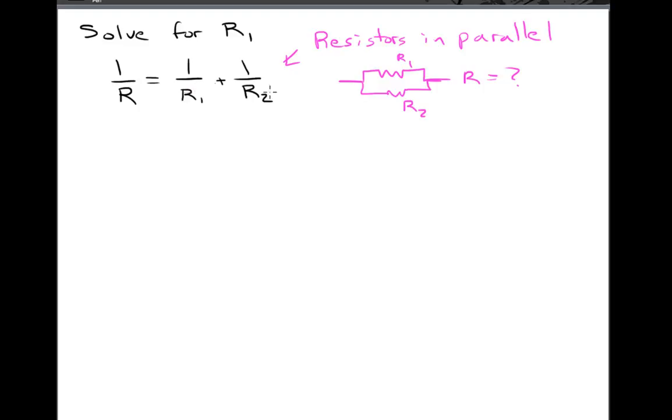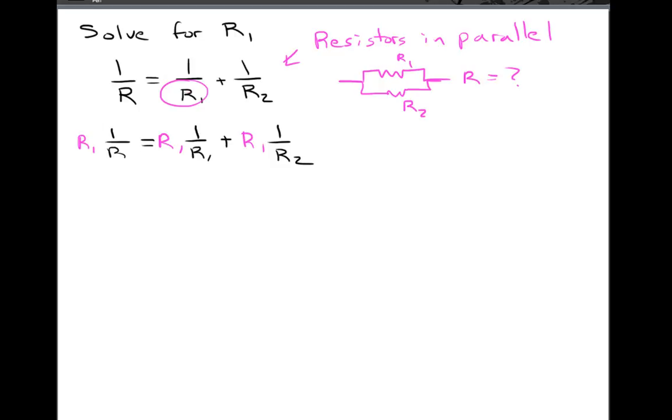R1's in the bottom, so we're going to multiply everything by R1. So that's going to be R1 times 1 over R is equal to R1 times 1 over R1 plus R1 times 1 over R2.